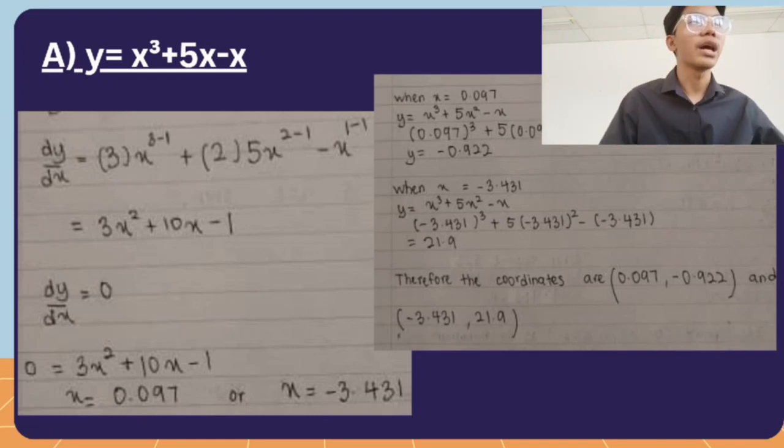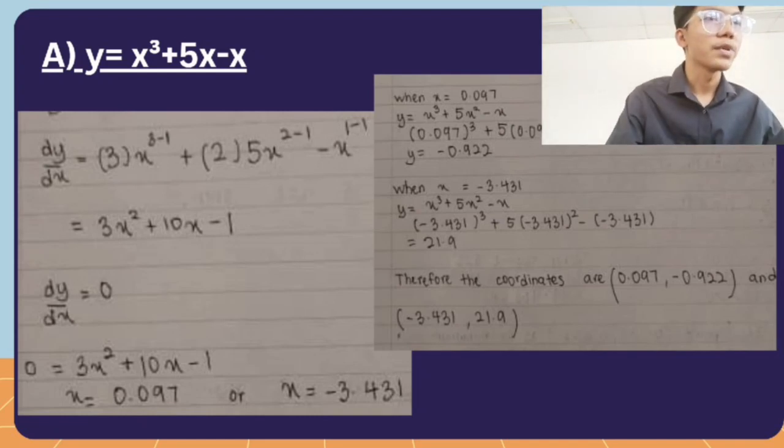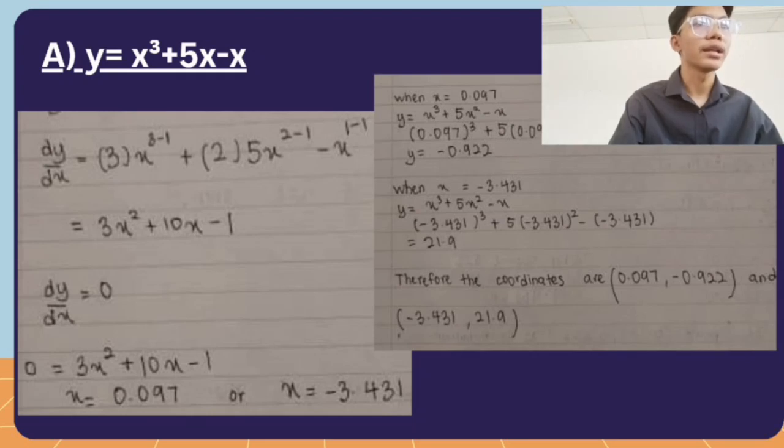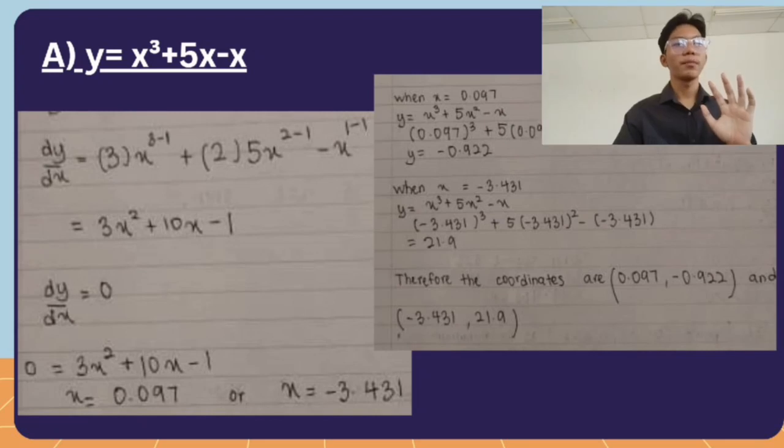Therefore, the first coordinate is 0.097, negative 0.0922, and the second coordinate is negative 3.431, 21.9.